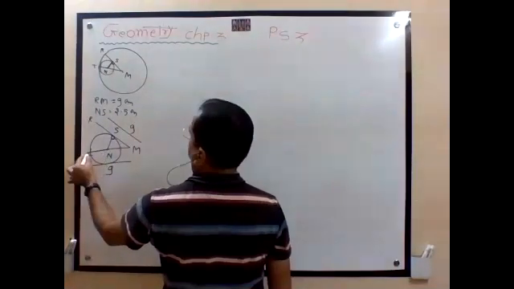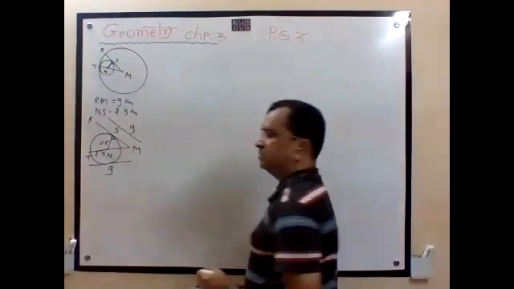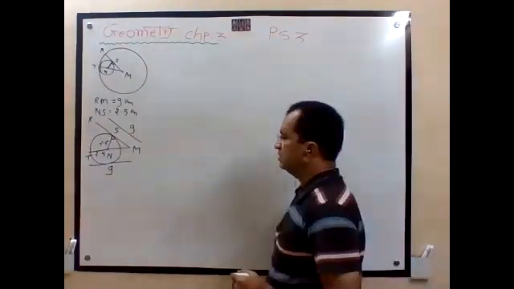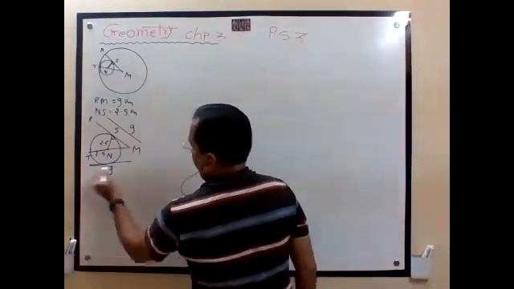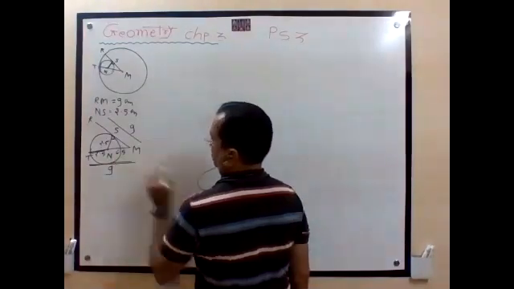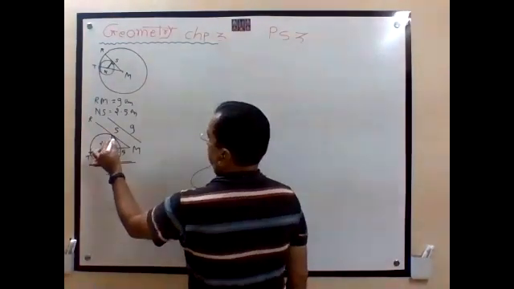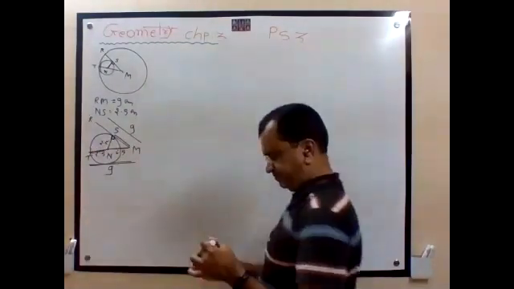Correct? So the small radius is 2.5. This is 9 minus 2.5, how much? 6.5. This is 90 degrees. The square of this plus the square of this is equal to the square of this.